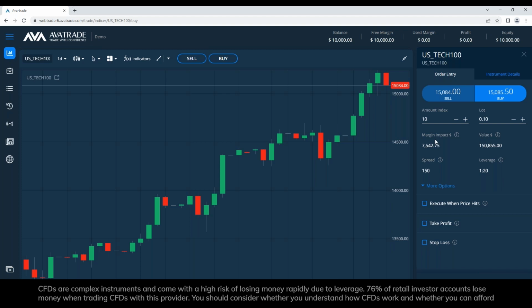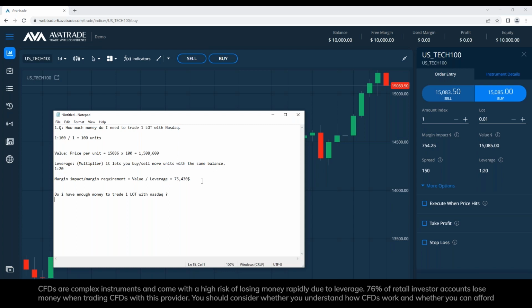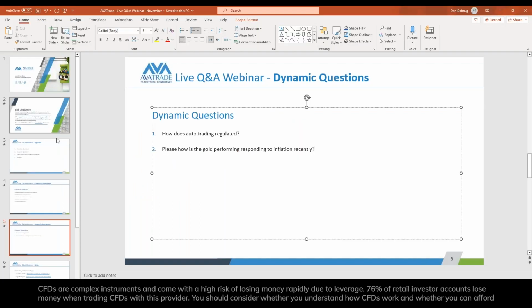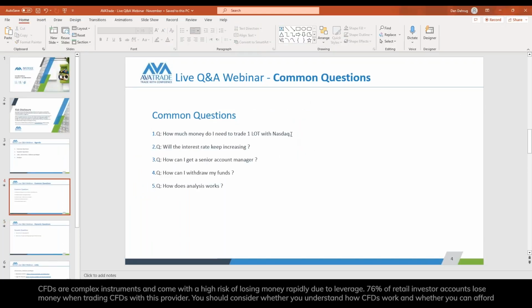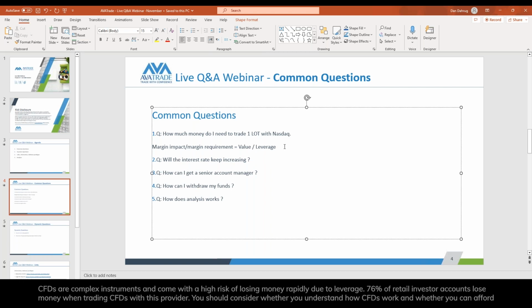Barely, that's going to occupy 75% of my margin, but I can do it. And obviously 0.01 is just a single share, which I can afford. I'm just going to capture that and paste it underneath the question.